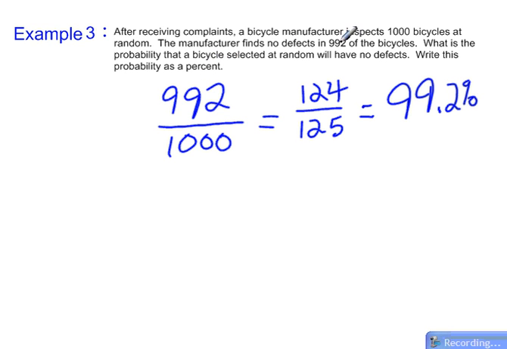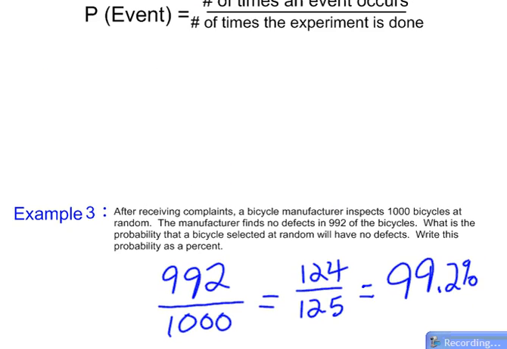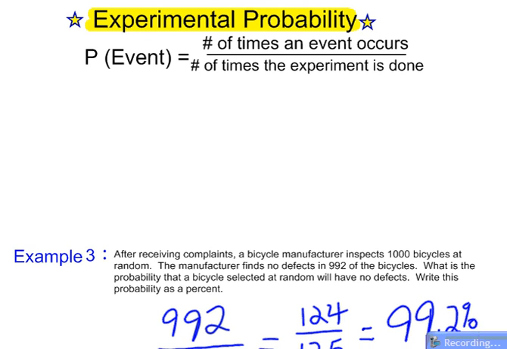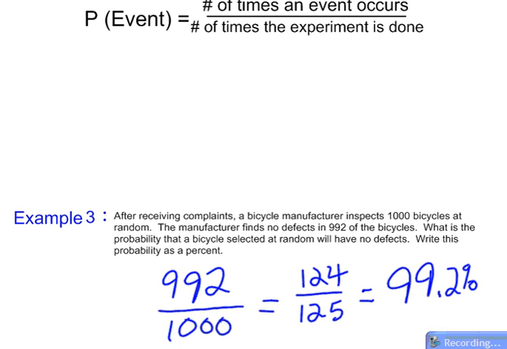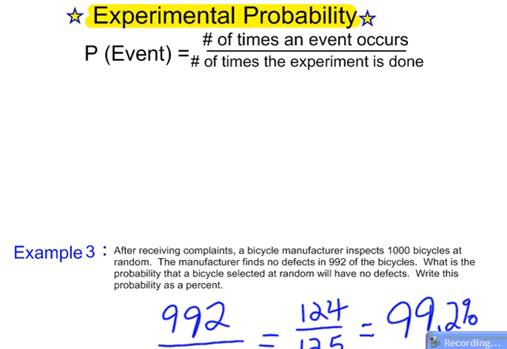If 992 of them are good, and if we look back up at our formula, the probability of getting a bicycle that is not defective would be 992.